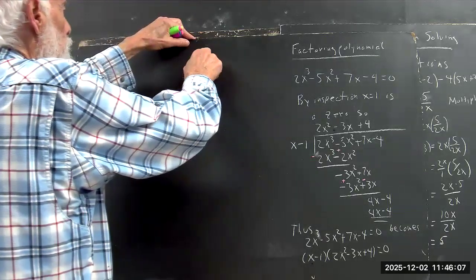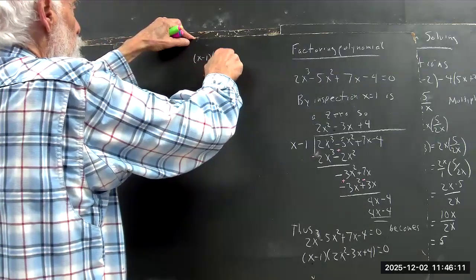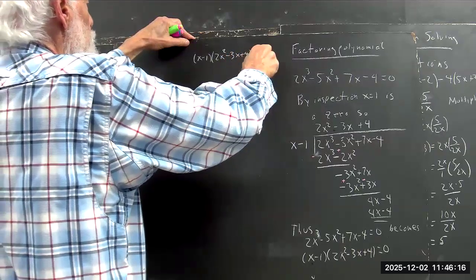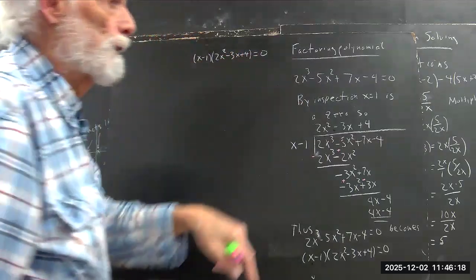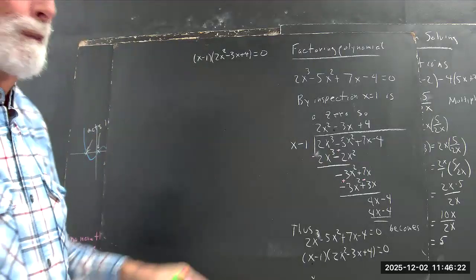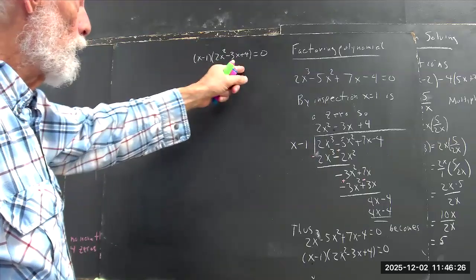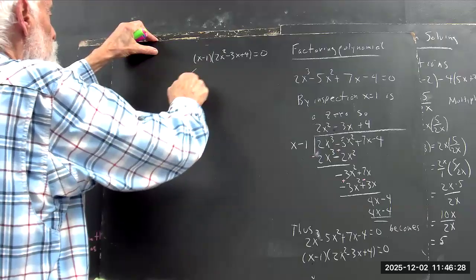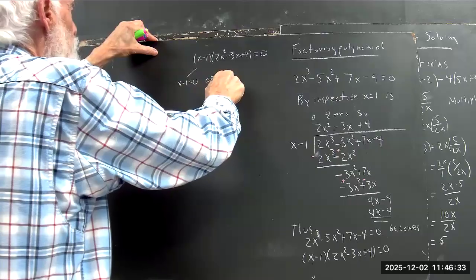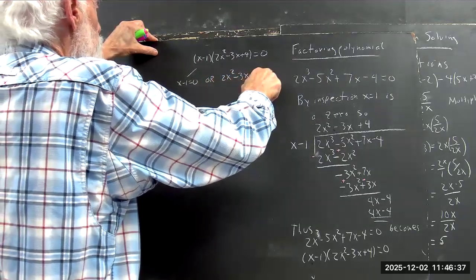What do we do with this? We use the zero property of multiplication. The only way this product is going to be 0 is if this is 0 or this is 0. So we get x minus 1 equals 0, or 2x squared minus 3x plus 4 equals 0.